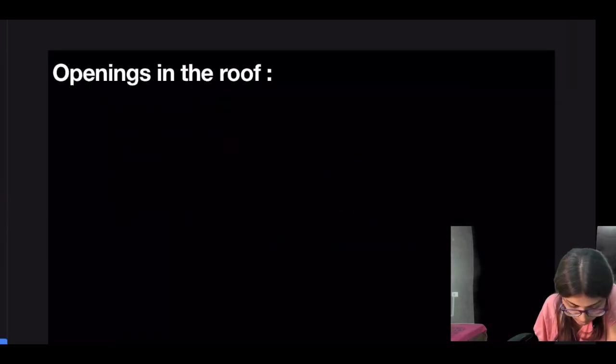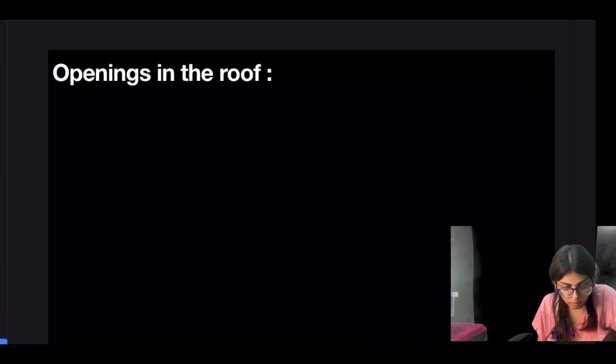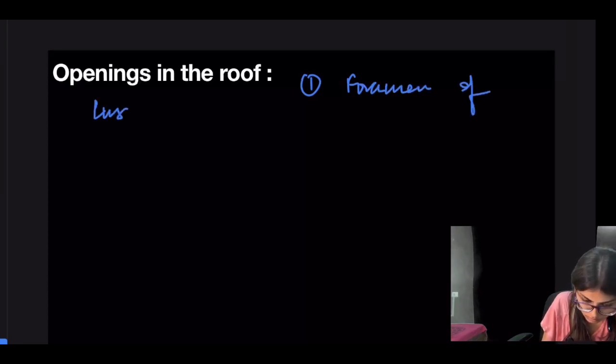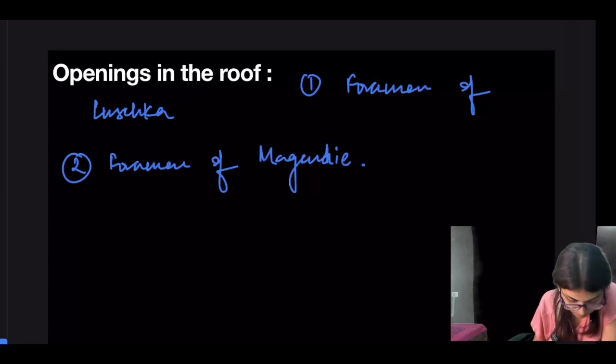Openings in the roof: we have two openings. First is the foramen of Luschka, and the second is the foramen of Magendie.